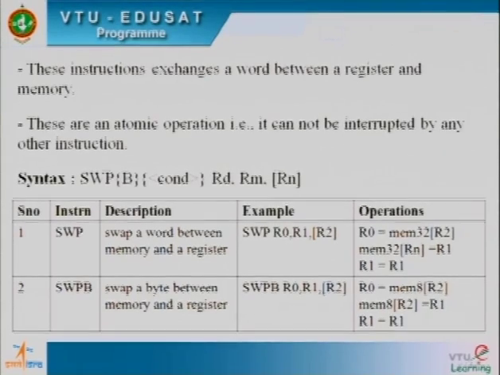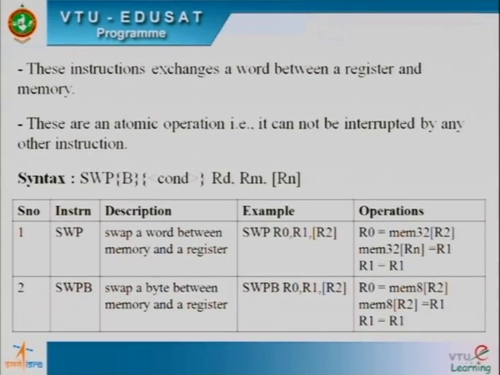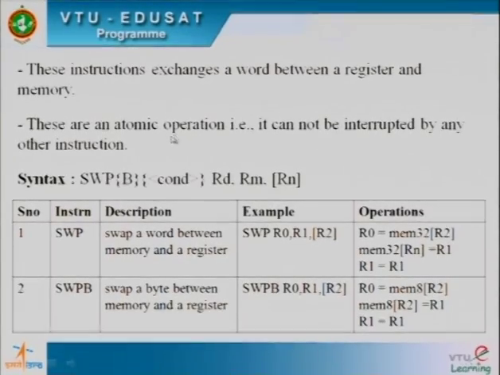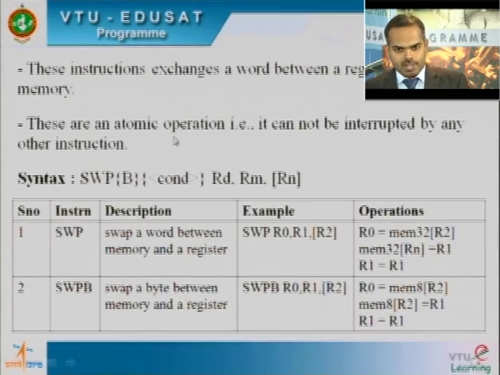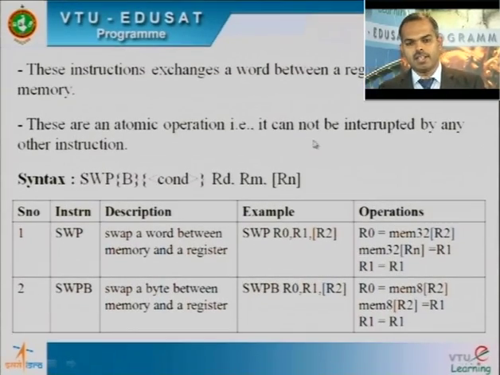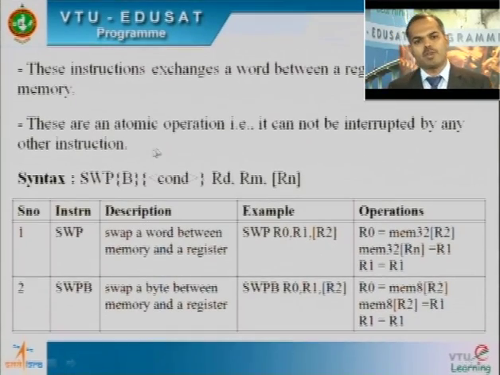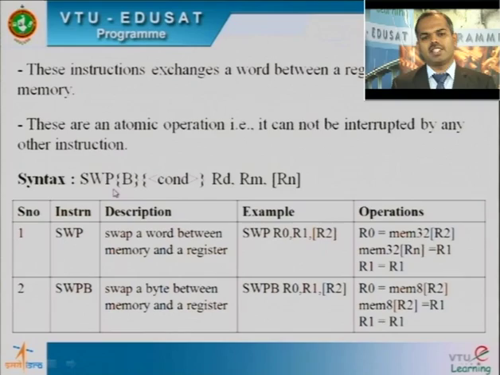This value will get exchanged. Now, how will the value be swapped? A very important point to remember: these are atomic operations. That means it cannot be interrupted by any other instruction. Whenever the swap instruction is executing, it cannot be interrupted by any other instruction till it gets completed.